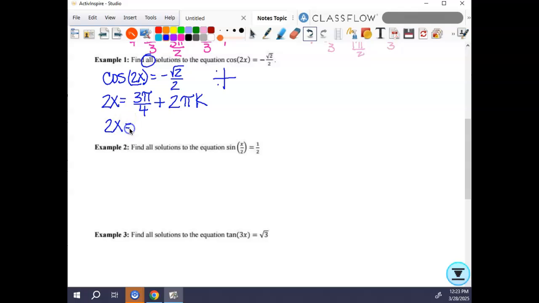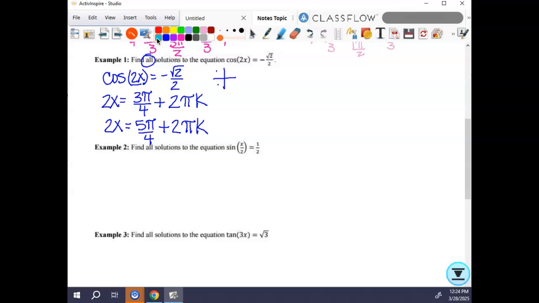So 2x is equal to what? What's my third quadrant pi fourths angle? 5 pi fourths. Very good. And then I put again plus 2 pi k. Everybody with me so far? So if this just said x and not 2x, we'd be done. And that's where we've been going the last couple of days, right? But I don't care about 2x.